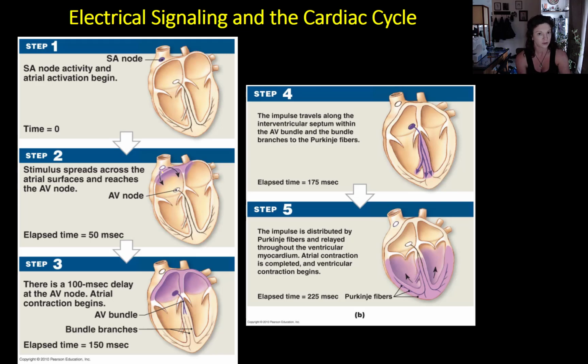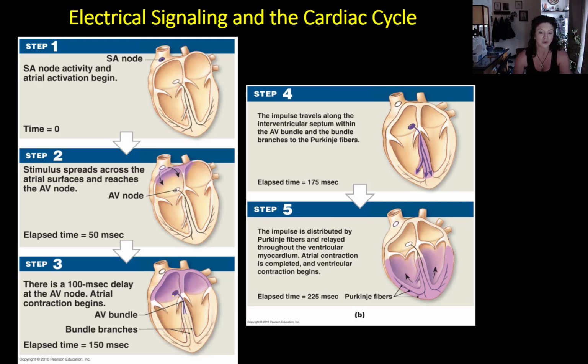That electrical stimulus is going to race across the cellular membranes that make up the muscle tissue of the atria until that electrical impulse reaches the atrioventricular node. Okay, so we go from sinoatrial node to atrioventricular node. After the message hits the AV node, then the atria contract. That's what triggers it, is once that message is received by the atrioventricular node, that triggers atrial contraction.